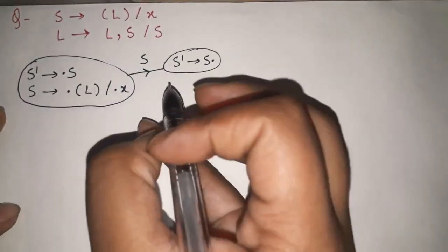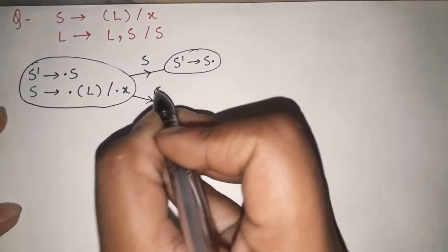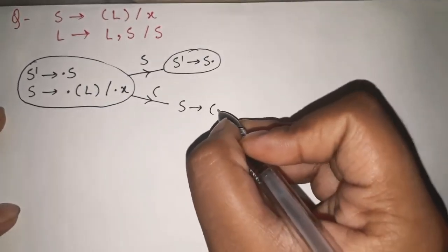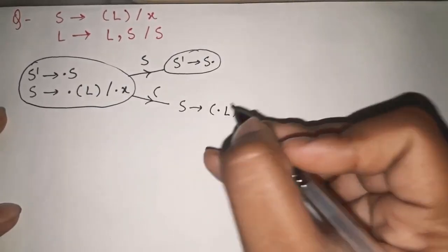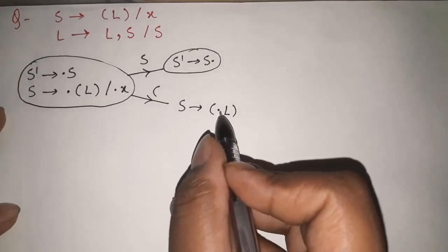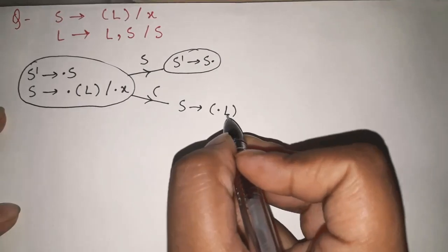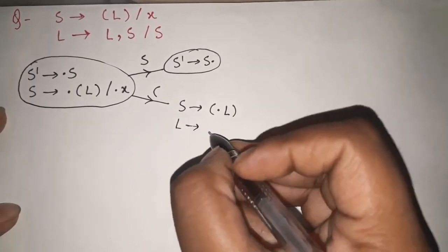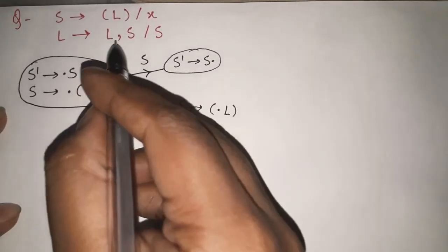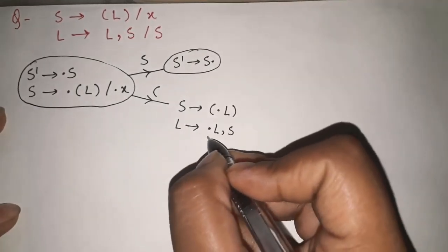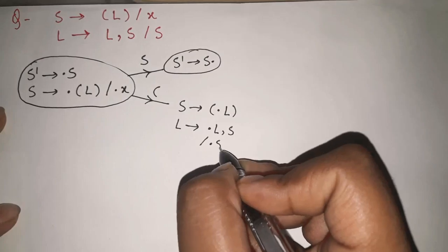I will have my third state for this opening bracket, because after the dot the opening bracket is there. So S gives (.L). Now here after the dot I am having one variable, a non-terminal, so I have to write the productions of capital L. So L gives .L,S and L gives .S.